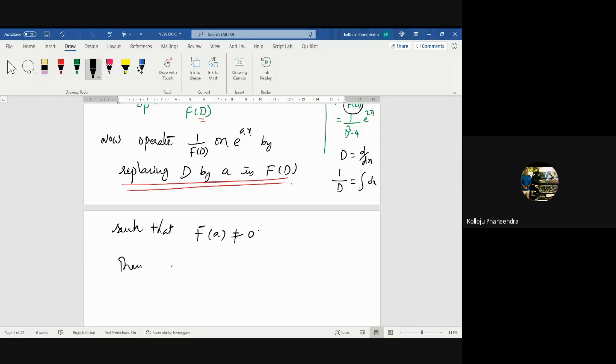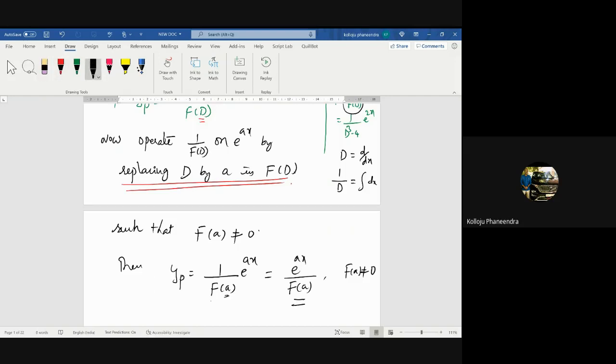Then yp is 1 by f of a into e power ax. Here D is replaced by a, a constant, so 1 by f of a is some constant. The condition is that the denominator is never 0: f of a not equal to 0. This is the solution.